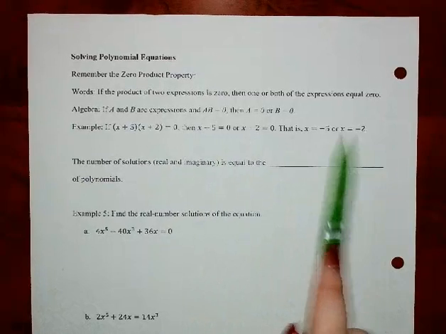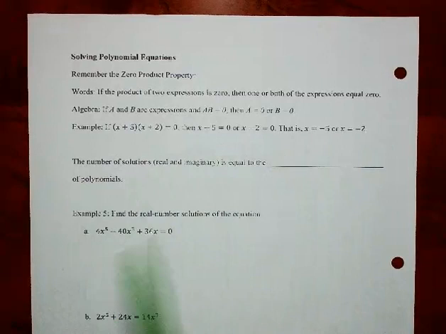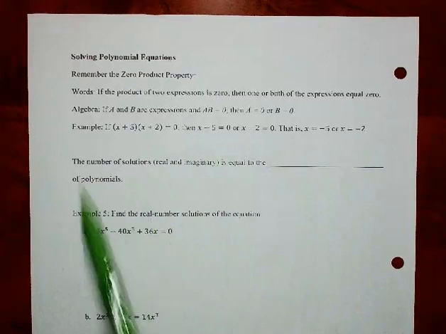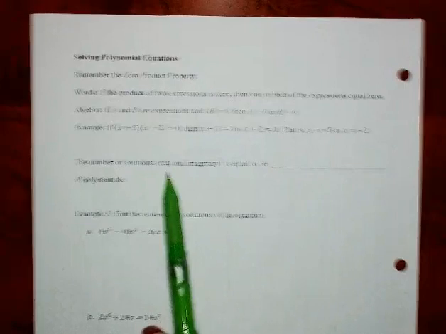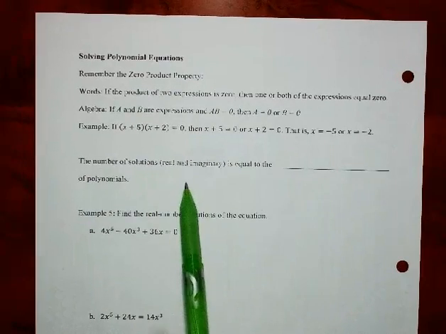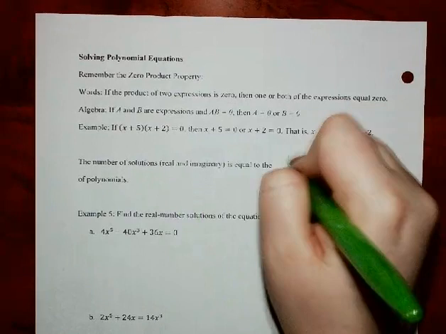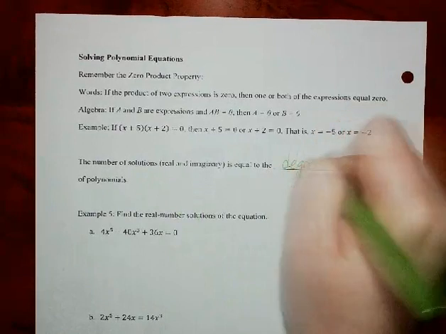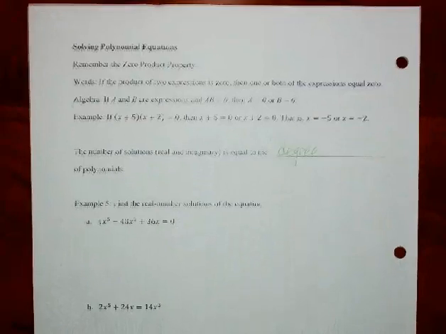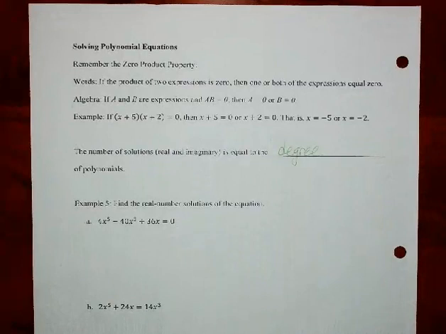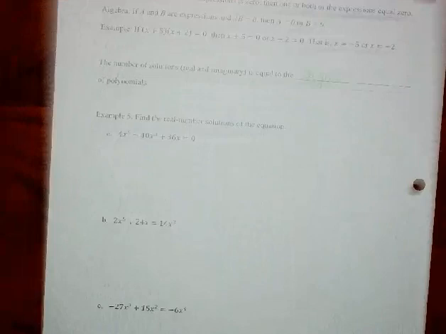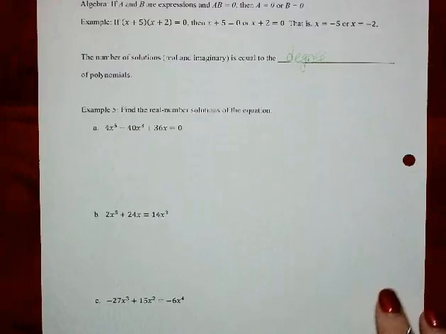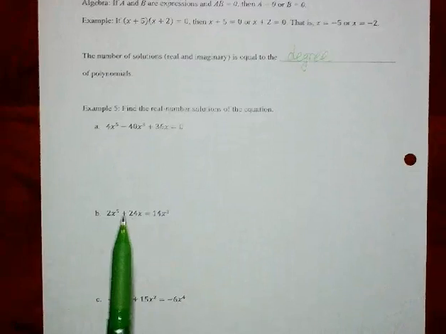Okay, and we're going to use that today to solve polynomials for all of their solutions. So the number of solutions, including real and imaginary solutions, is equal to the degree of our polynomials, which we talked about earlier in chapter 5. So, for example 5a here, find the real number solutions of the equation.